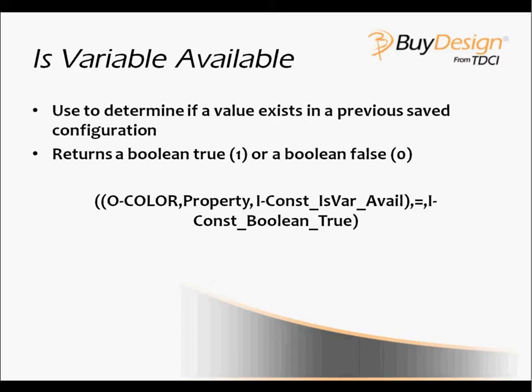I'm looking at O-color. I want the property of the constant, is the variable available? It's going to return either Boolean true or Boolean false. And I'm comparing that: is that equal to my constant Boolean true? I'm going to use this to determine how my rules get executed. How do I set dynamic defaults?